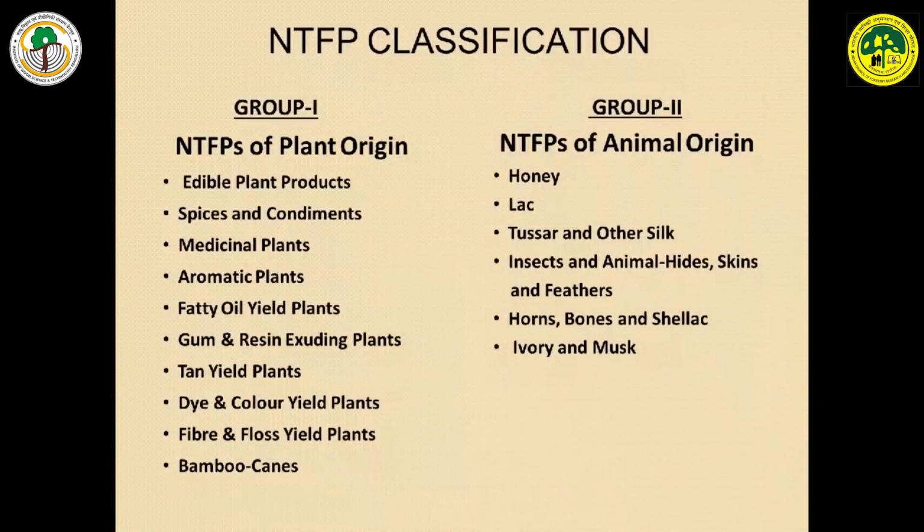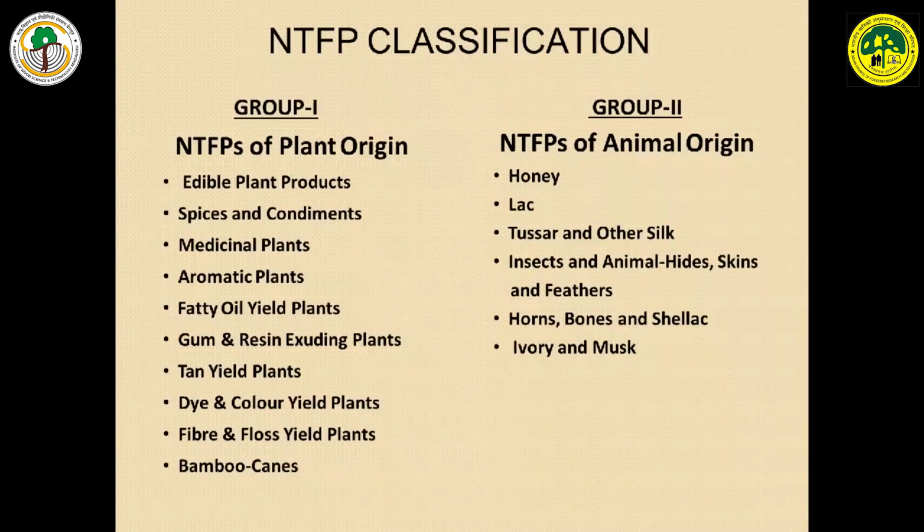Broadly, NTFPs are classified into two classes. Most NTFPs collected are of plant origin, and there are some of animal origin, like honey, lac, tussar silk, insects, and animal hides, skins and feathers, horns, bones, shellac, ivory and musk.